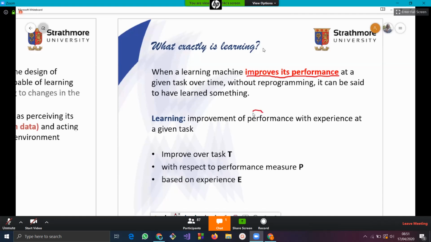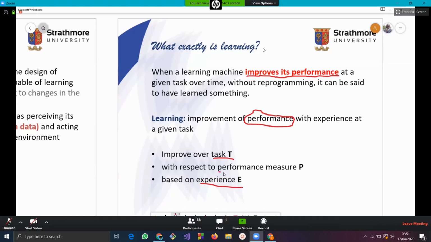This means there are three things that are important whenever we want to do machine learning. There is a task, of course, which is task T. Then there is some data set, which we will call experience.